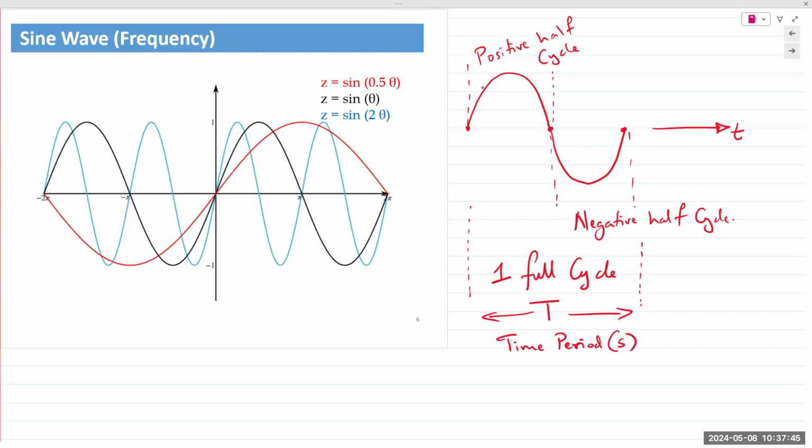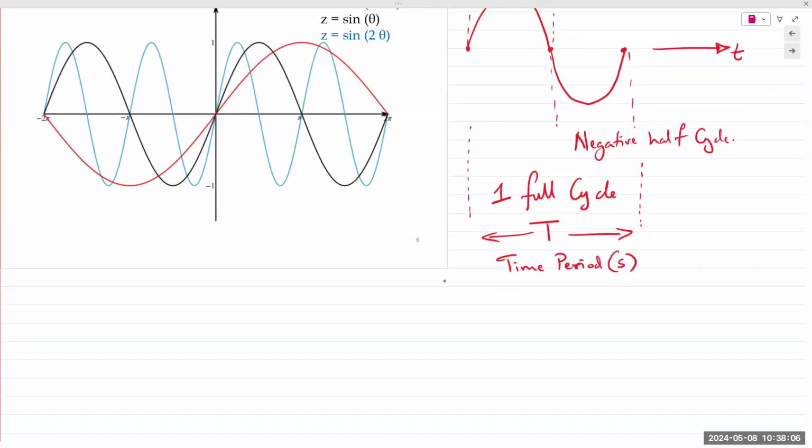Okay, so it goes up, goes down, goes up, goes down. The number of cycles that a waveform completes in 1 second is described as the frequency of that waveform. So frequency, as the name suggests, is how frequent the waveform is.